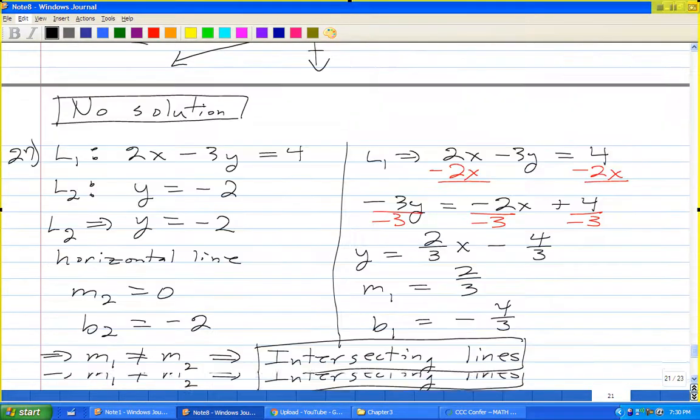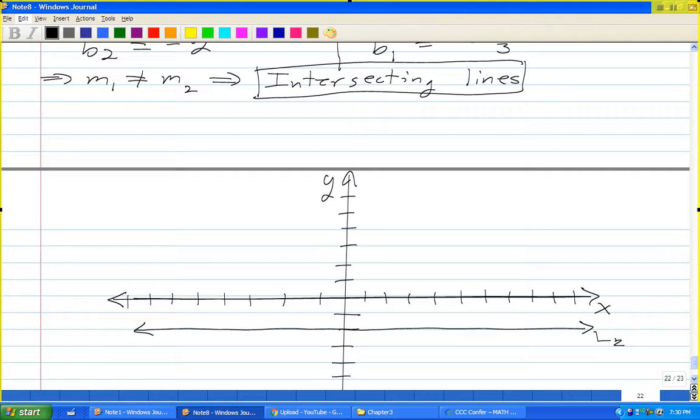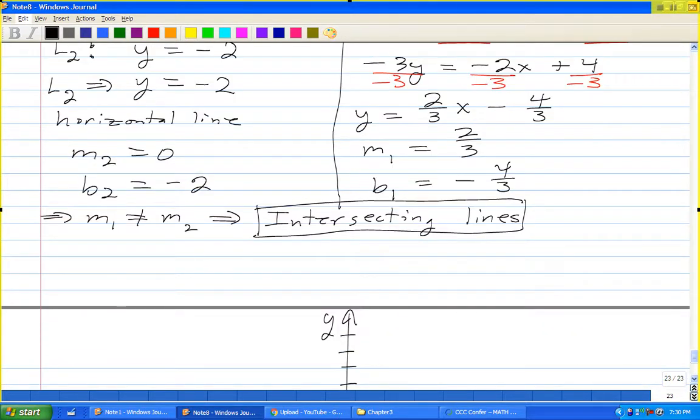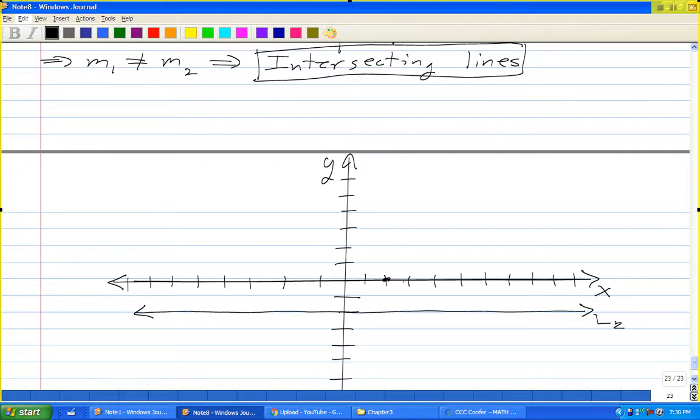Easy point is (2, 0), so let's put (2, 0). That's a good point. And then I have a slope of 2/3, so over 3, up 2.